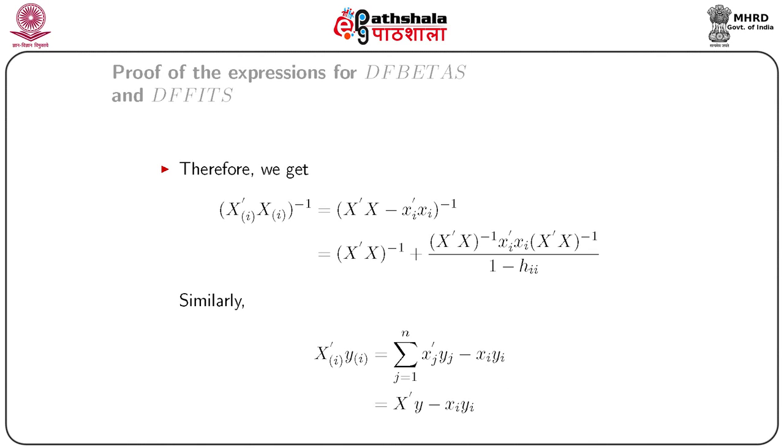Therefore, we get (X_(i)'X_(i))^(-1) equals (X'X minus x_i' x_i)^(-1), which equals (X'X)^(-1) plus (X'X)^(-1) x_i' x_i (X'X)^(-1) divided by 1 minus h_ii. Similarly, X_(i)'y_(i) can be written as X'y minus x_i y_i.